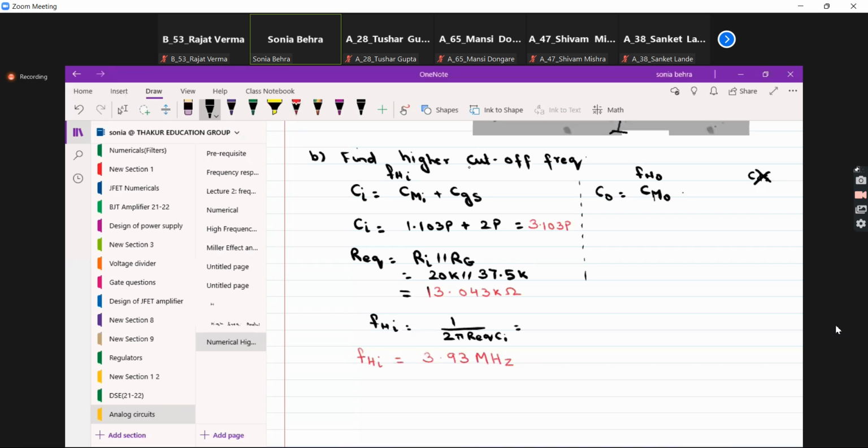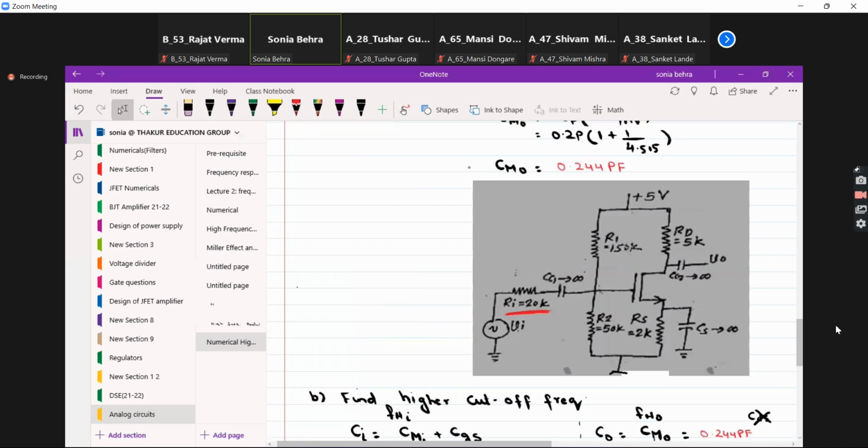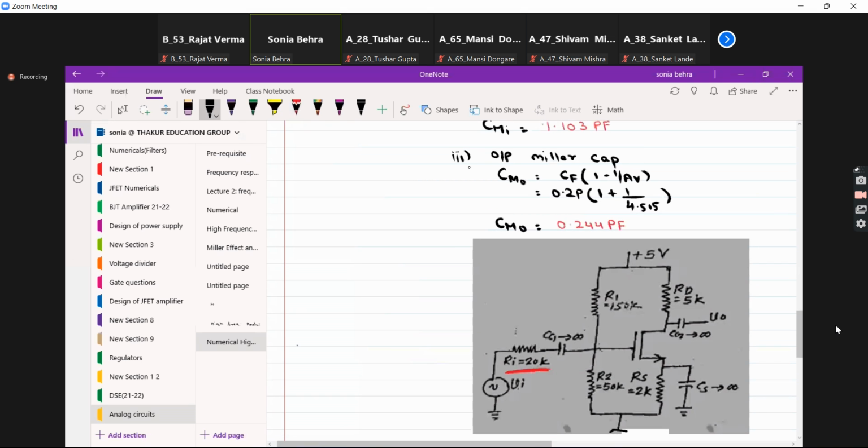CO, we know, is nothing but CMO. We have found out the value of CMO, which was 0.244 pico. Now we will find out R equivalent over here. Look at the circuit: RL is also not given.